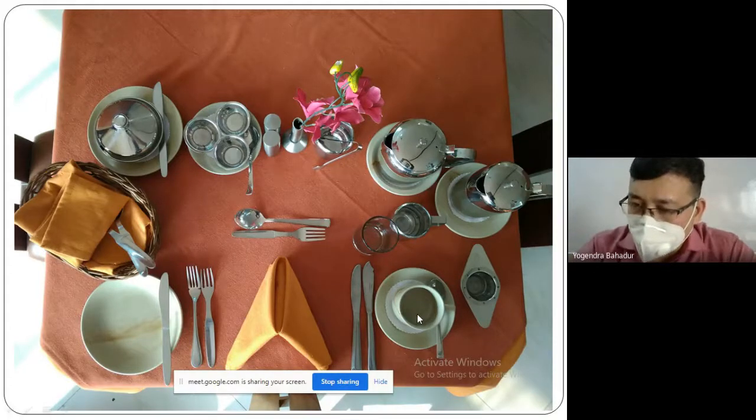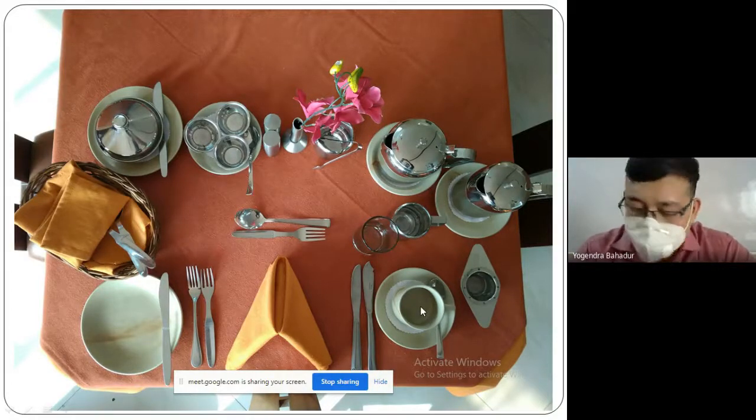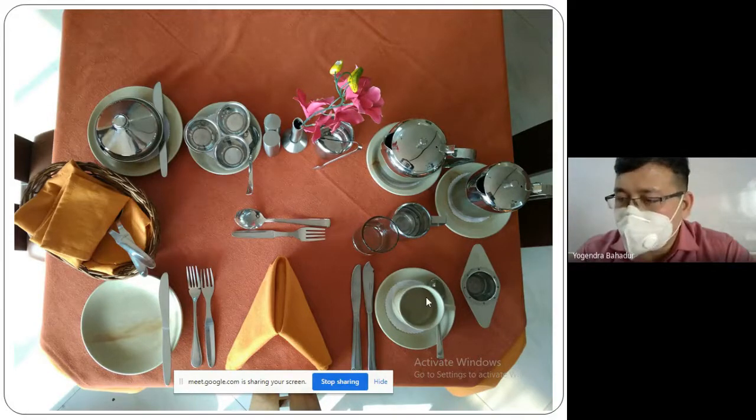Focusing on the right hand side, here you can see the cup. Under the cup, doily paper is there. Under the doily paper, the saucer is there. Very important thing: the plate we generally place under the cup is not called a small plate. It is called a saucer.